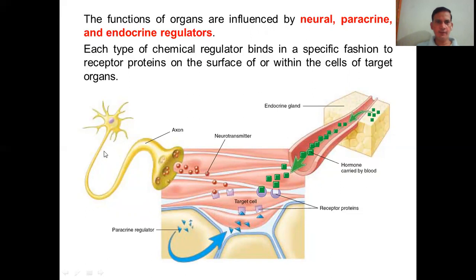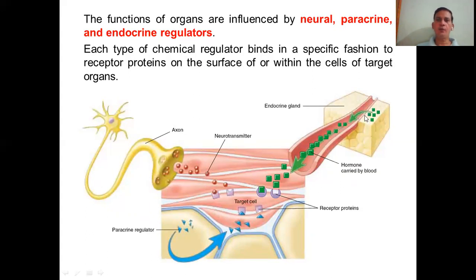So here what we see is that this is a neuron where the axon is secreting some kind of neurotransmitter. Now this neurotransmitter is binding to the target. So the target cell is the same for, let's say, all three chemical messengers. Now this neurotransmitter binds to a specific receptor. Another one, the endocrine gland is secreting a hormone.